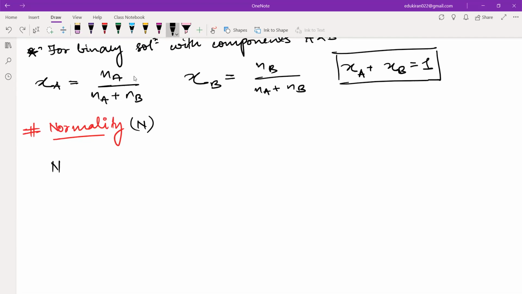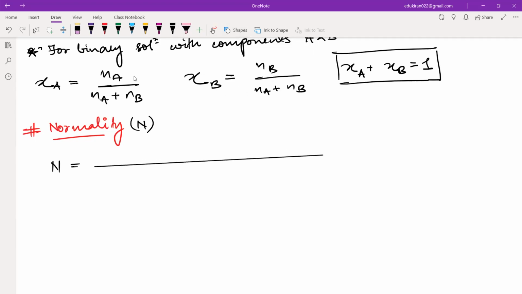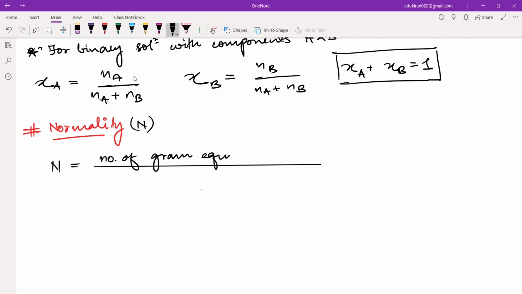Normality is equal to the number of gram equivalents divided by the volume of solution in liters.